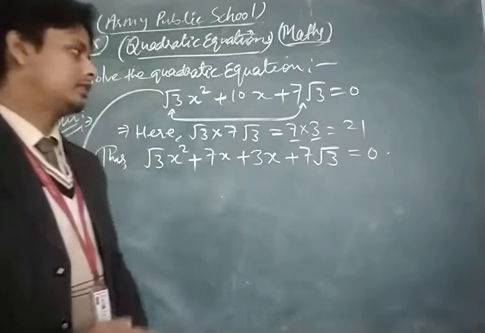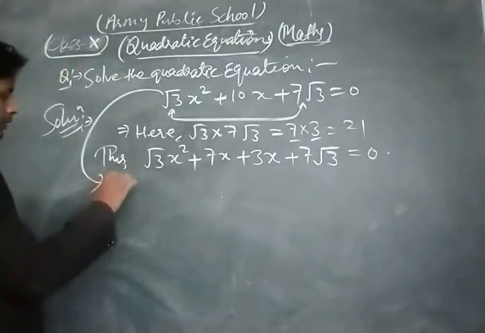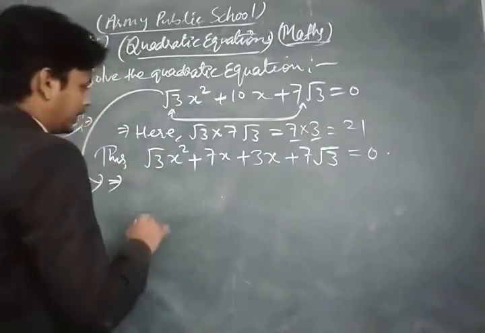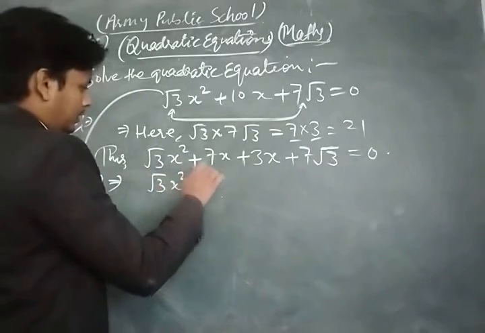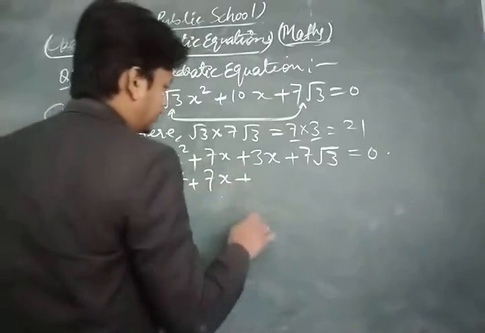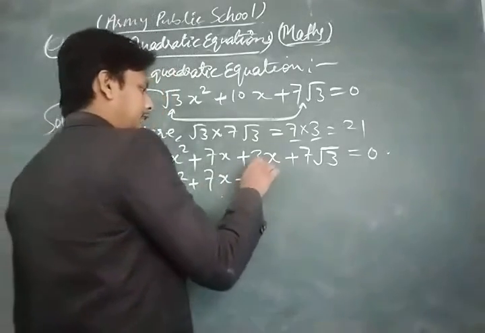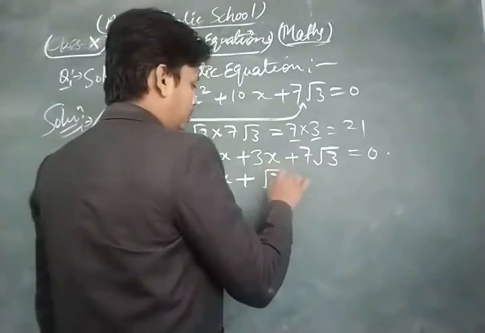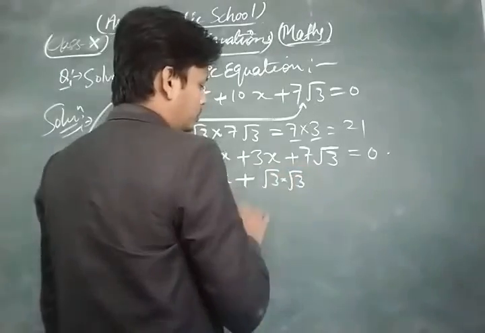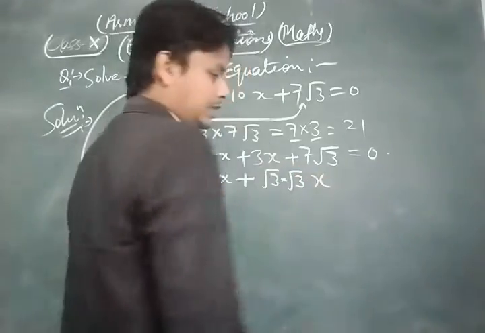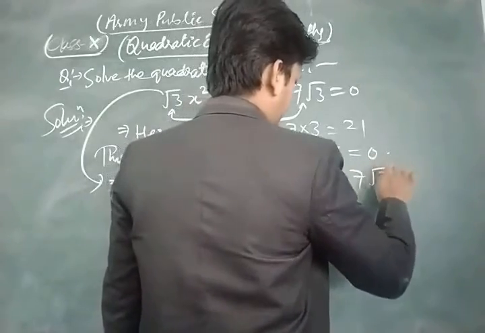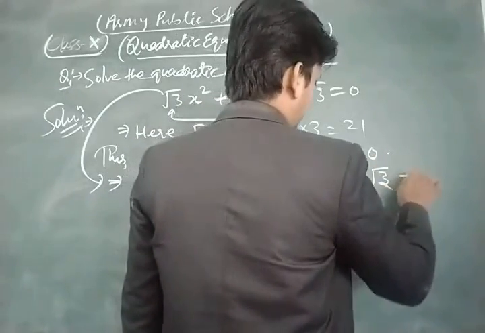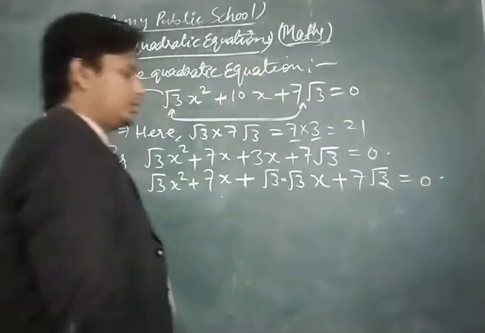Now let's see one more important step. So now we can write 3x square plus 7x plus, we can write this 3 as root 3 into root 3, and x, plus 7 root 3 is equal to 0.